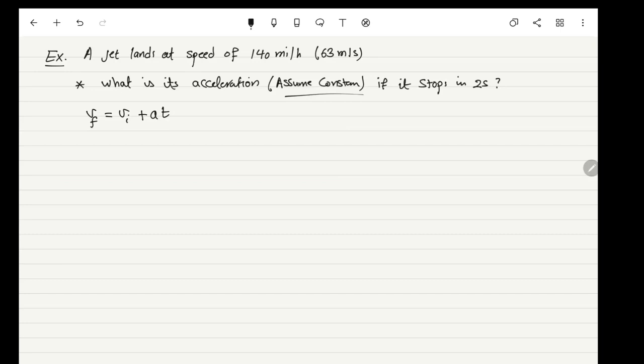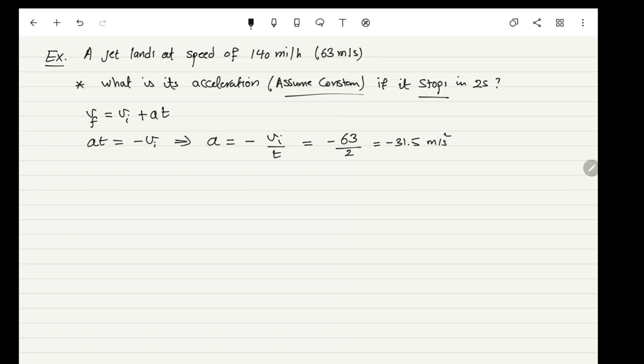Now v final, it's mentioned that it stops, so v final is equal to 0. So a is equal to minus v initial over t, or minus 63 divided by 2 seconds, or minus 31.5 meters per second squared.